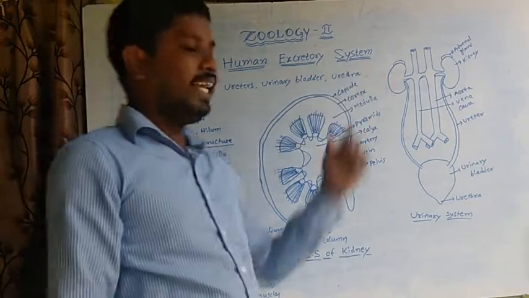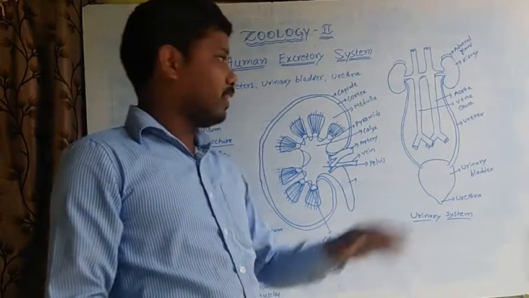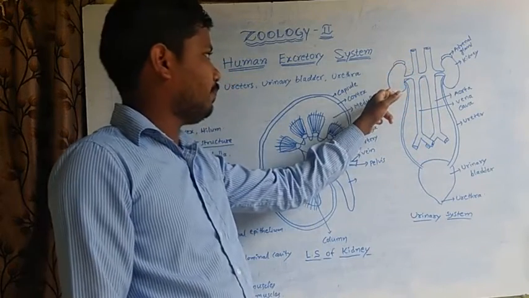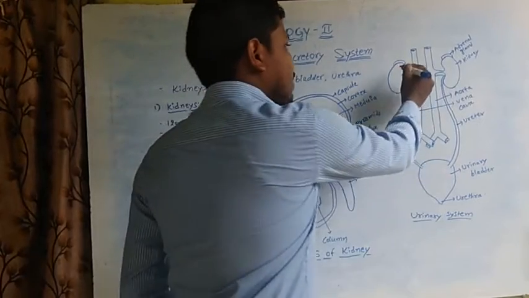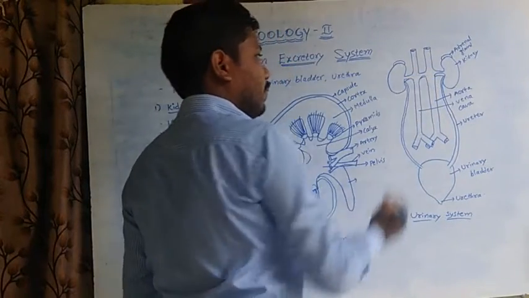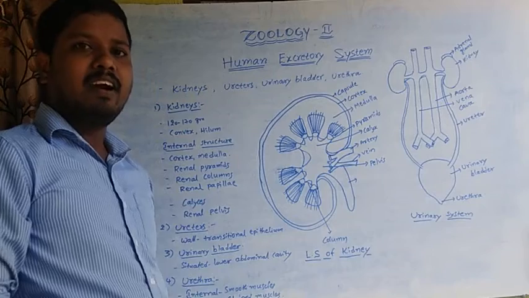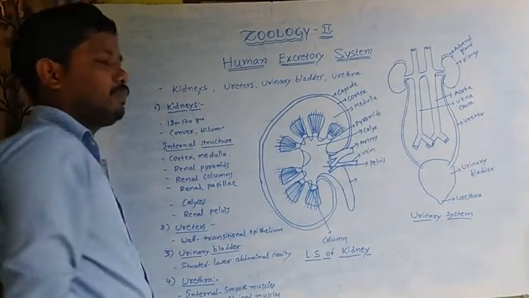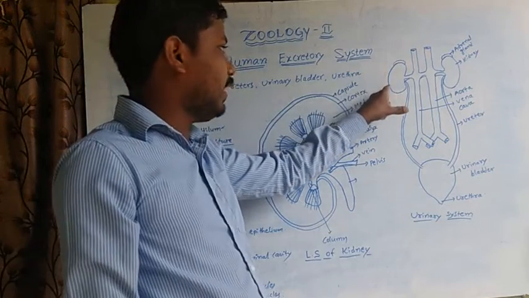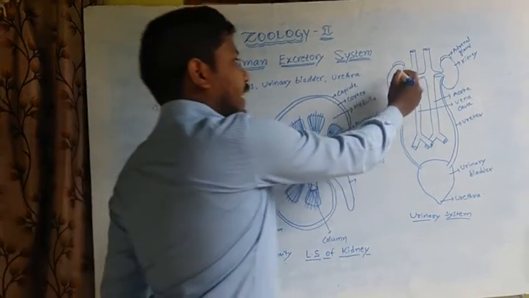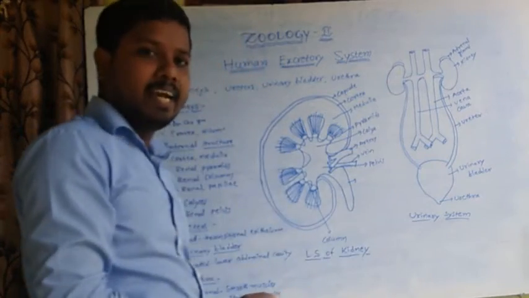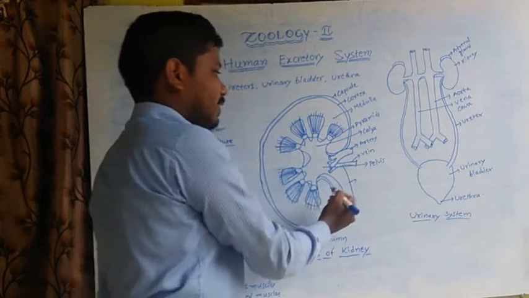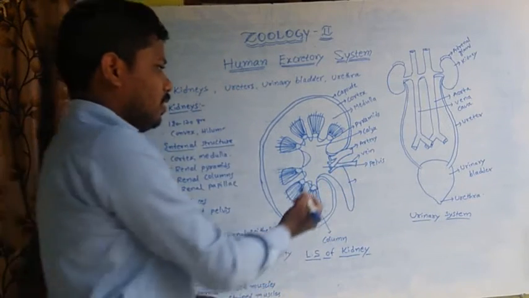Here, each kidney's outer surface is convex and the inner surface has a deep notch. This notch is called the hilum.